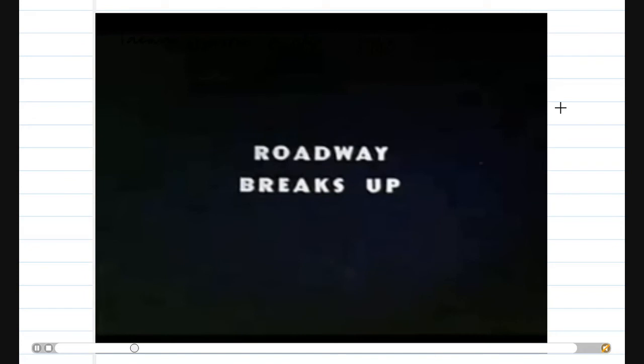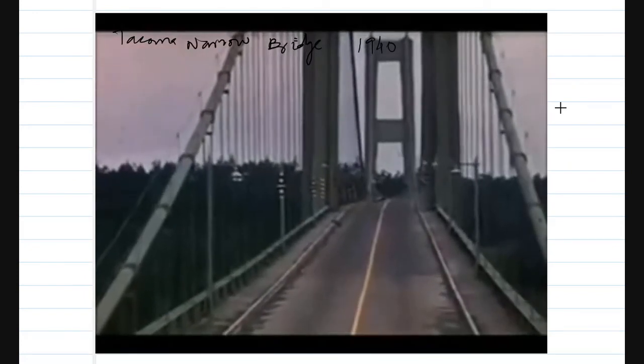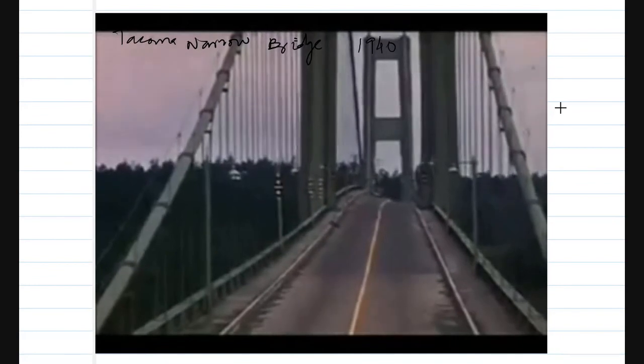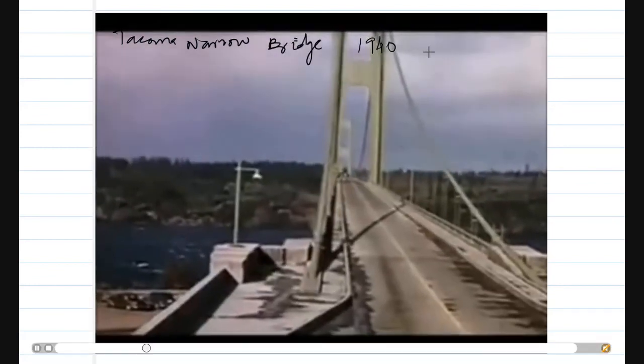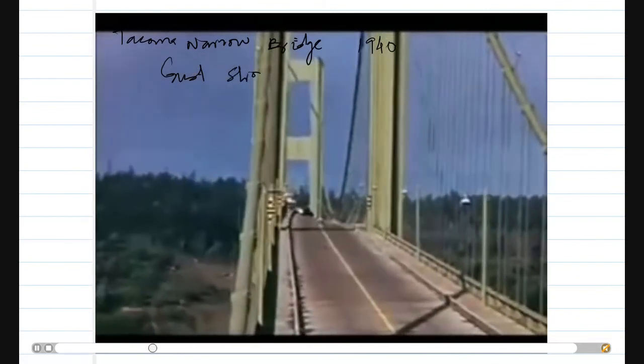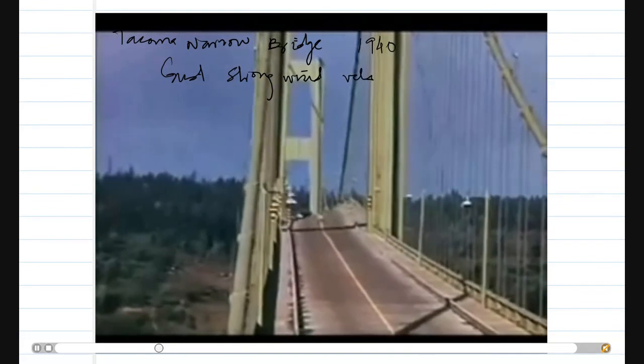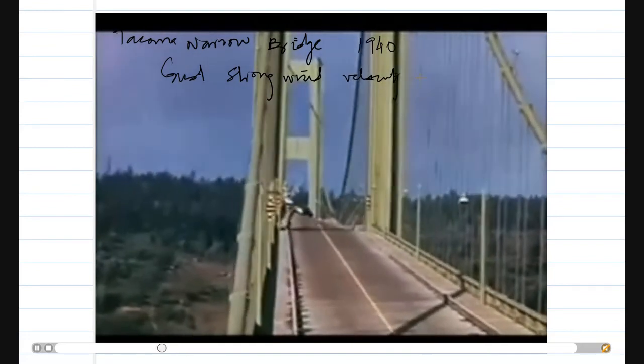Why? Because it had never happened before, but there was a very peculiar behavior of this bridge under gust. And what is a gust? A gust is generally strong air, strong wind with a velocity ranging from 40 to 60 kilometers per hour.